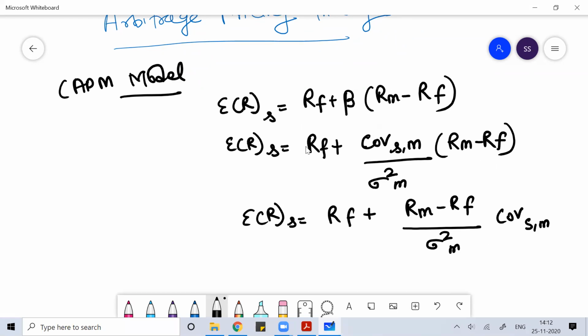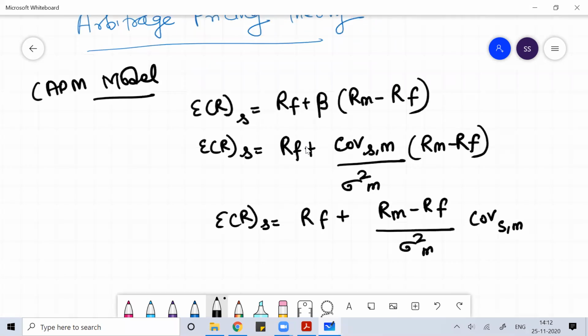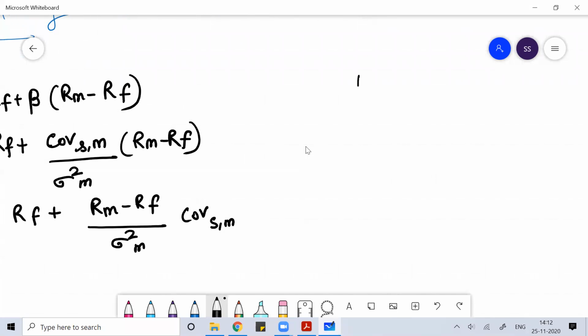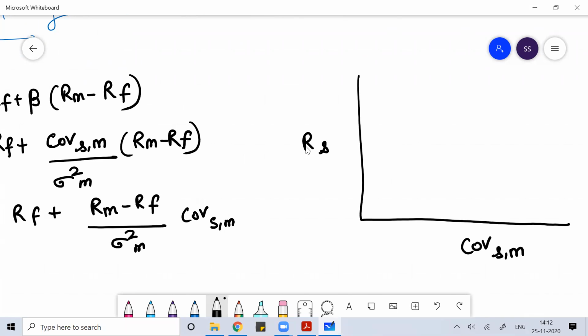Ultimately, when we are working on the CAPM model, we plot the graph of the return on the security with respect to the covariance between stock and market.